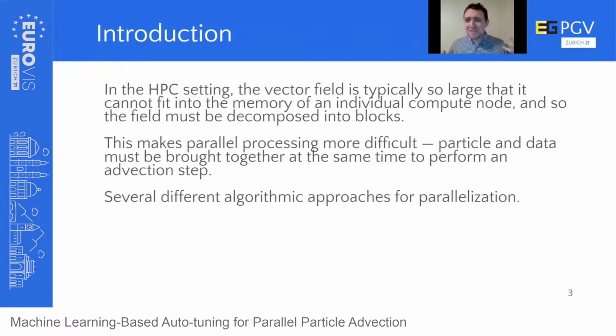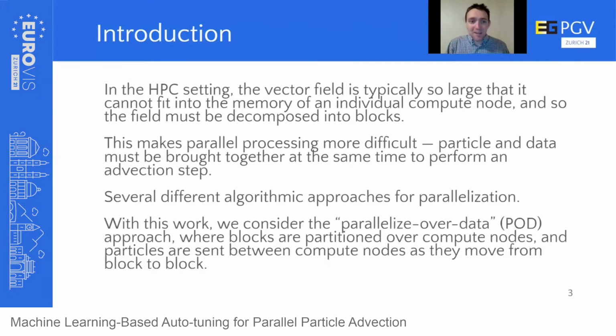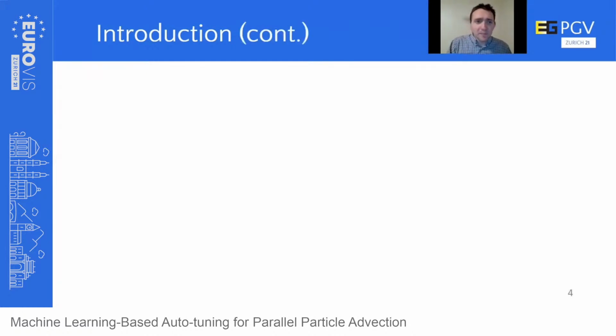So there's a couple of different approaches that have been constructed to deal with this problem. And the one that we're going to consider is one called Parallelize-Over-Data. The idea is that the data itself is going to be partitioned across these compute nodes, and then we're going to move the particles between these compute nodes as they move from block to block.